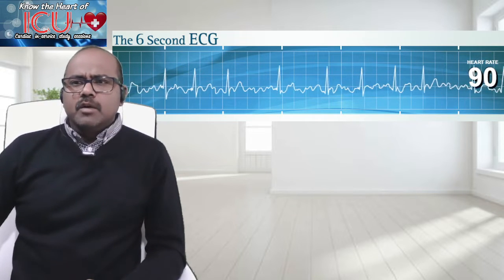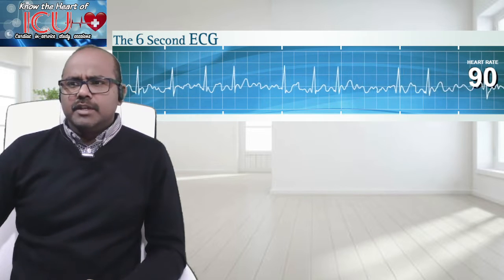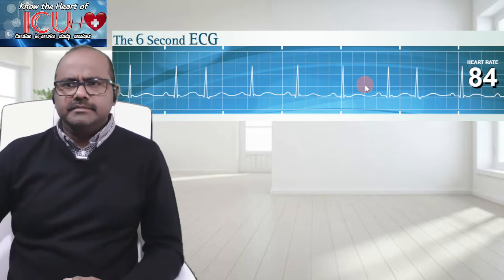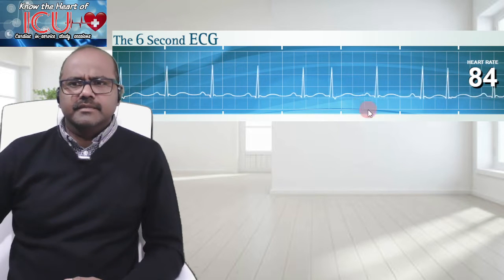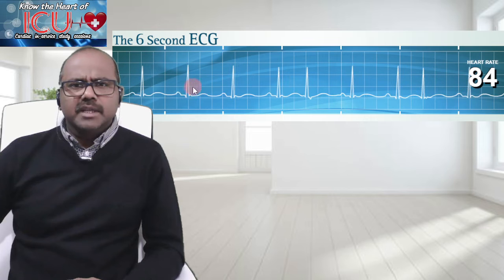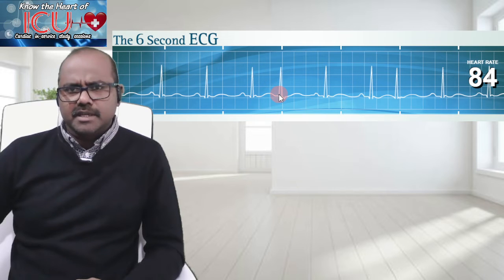And when we go to the other rhythms, the junctional rhythm, look at this rhythm. You have a P wave here and a normal PR interval, and you have a QRS complex. It's normal, regular sinus rhythm until this beat comes in.